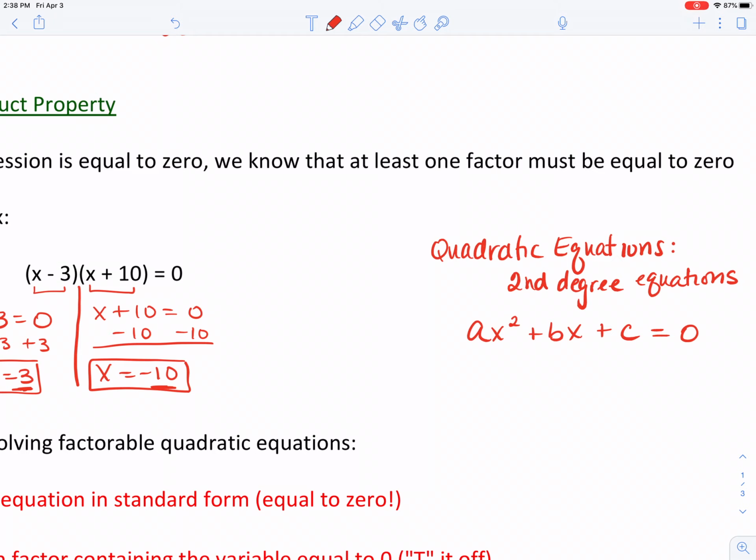That's if it's a trinomial, you'll have 3 terms. Okay, and the coefficient of the x squared term, which is your quadratic term, is considered a. Then you have your linear term, we call it, because it's the first degree term. The coefficient of that term is b, and then the constant is c. Now a cannot equal 0.